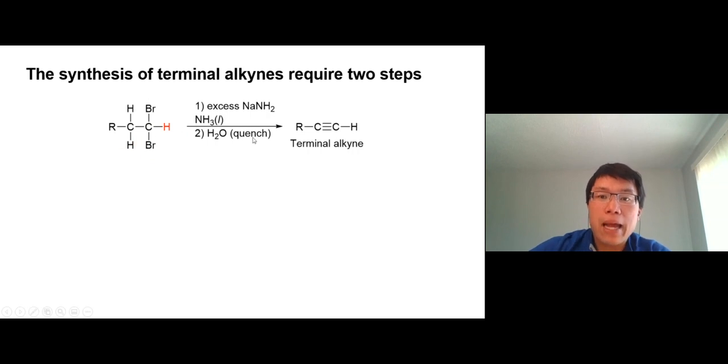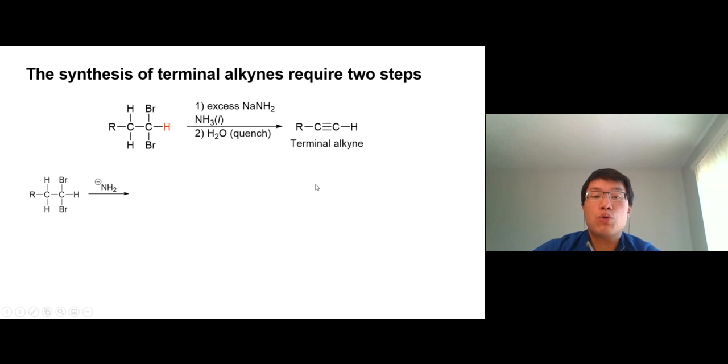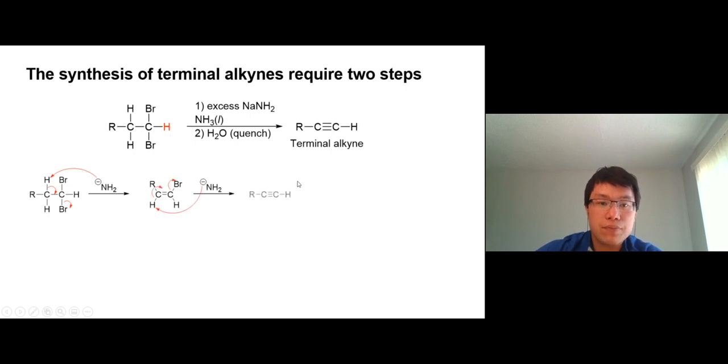So to make a terminal alkyne, there are 2 steps required, and here's the reason why. If you look at the first step, same thing. You have to do elimination twice, right? E2 twice. So first elimination, you get that, and then second elimination. So you get to a terminal alkyne.